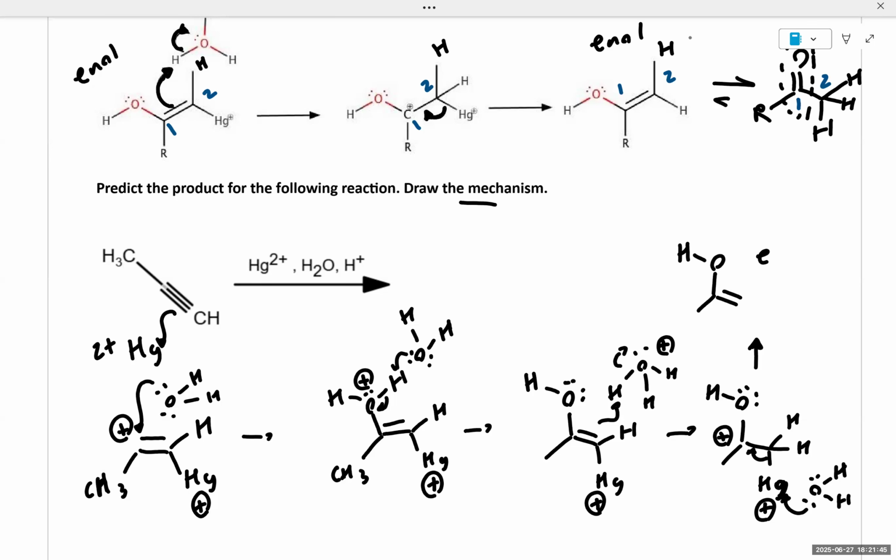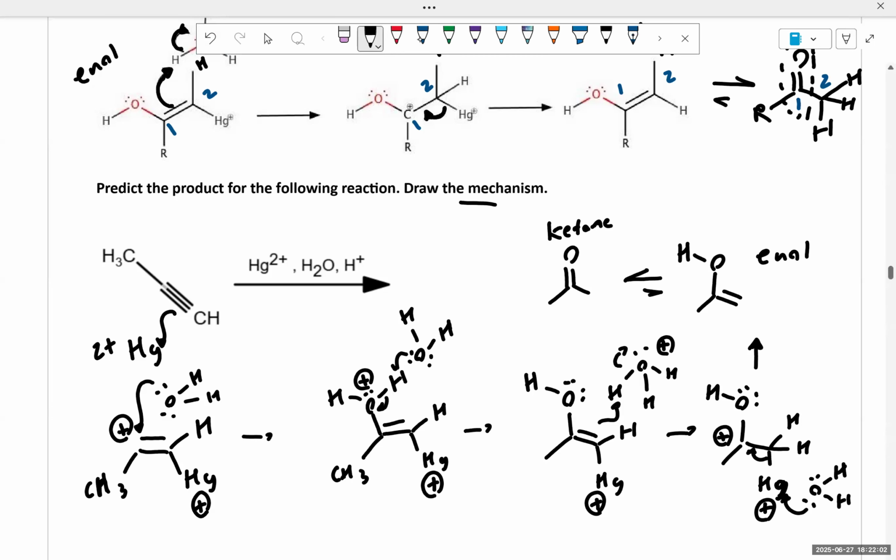And that in turn generates this enol product. And as we discussed, the enol can readily tautomerize to the corresponding ketone. Again, just to show mapping here, 1, 2, 1, 2.